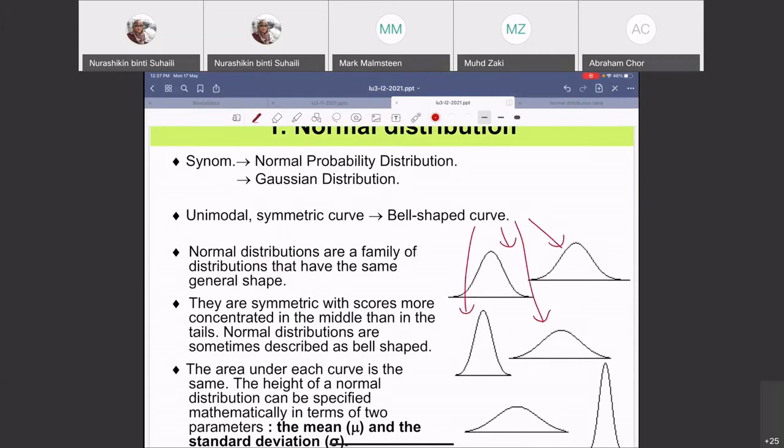The shape can be different, but the general overview looks like a bell. The height can be high, and the spread can be narrow or wider, but overall it's called a bell shape. It's the normal distribution.